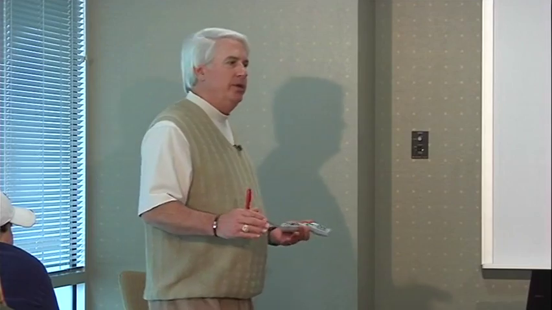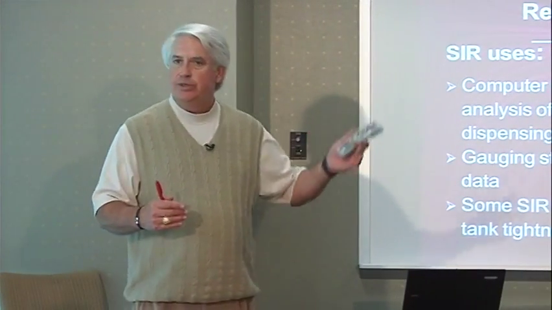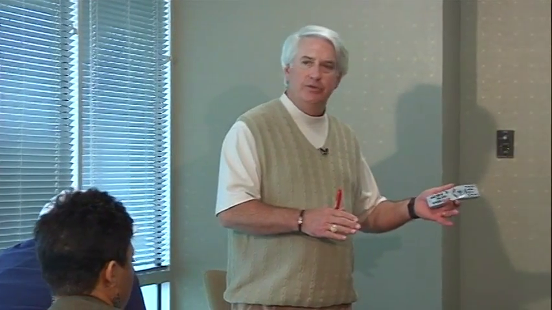Or either that, or you're going to send this raw data to one of these statistical inventory reconciliation providers. They're going to put the raw data into the system, and then they're going to send you whether you passed, failed, or had an inconclusive result using this particular method of release detection.